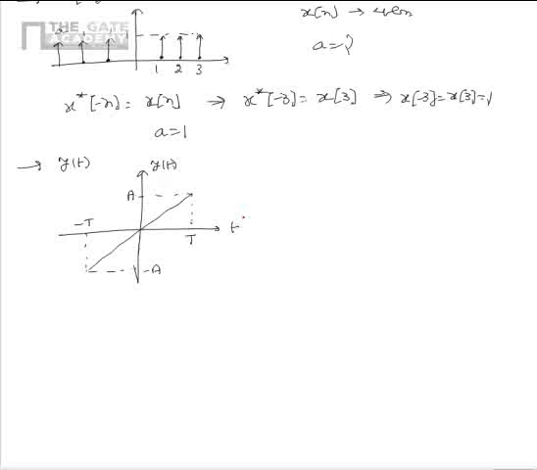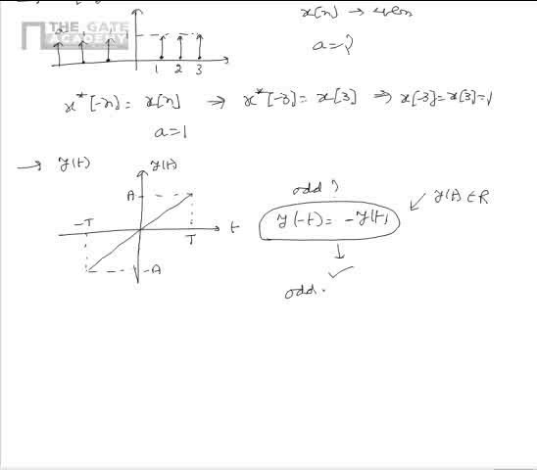We have to find if the signal is odd. We know that if the signal is odd, y of minus t is equal to minus y of t. This is the case as y of t belongs to R. From the given signal, we see that the relation y of minus t is equal to minus y of t is satisfied. So the given signal y of t is odd.